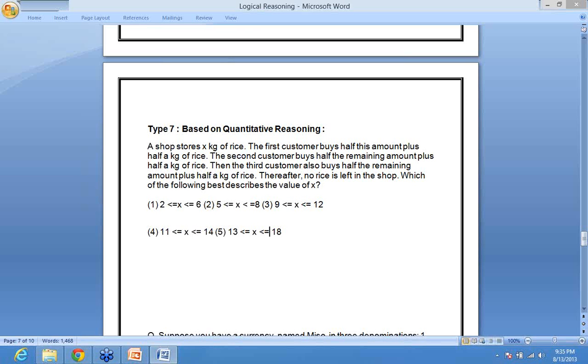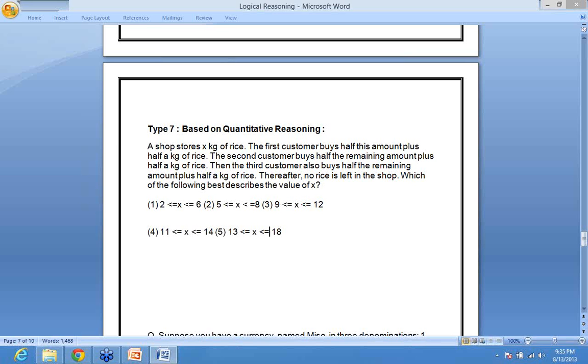Now, when you pick up an option, you can pick up the first option and try to solve it, or the second. But what is advisable is you pick up any one of the middle options.